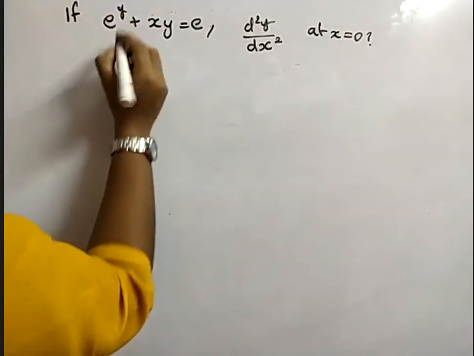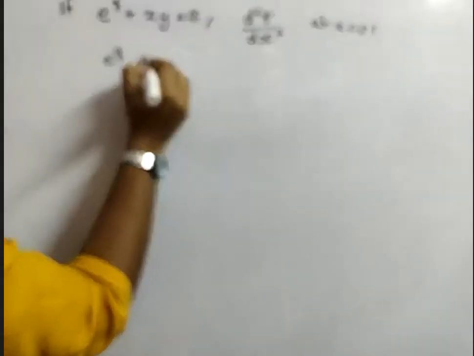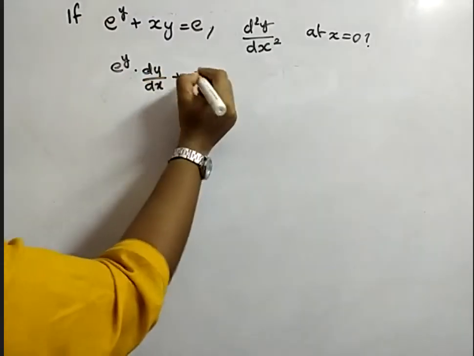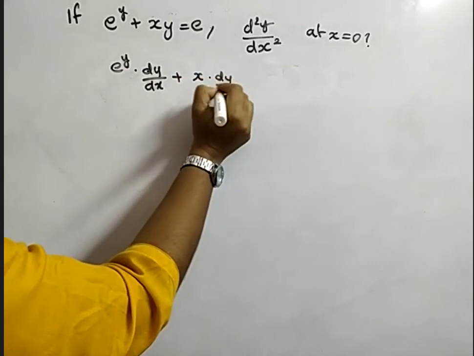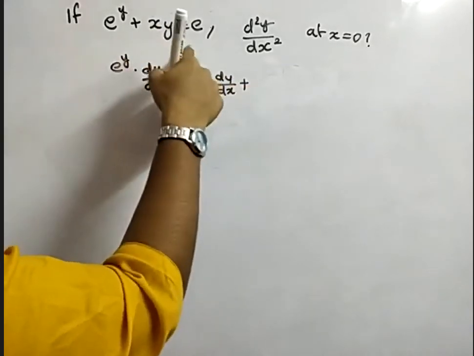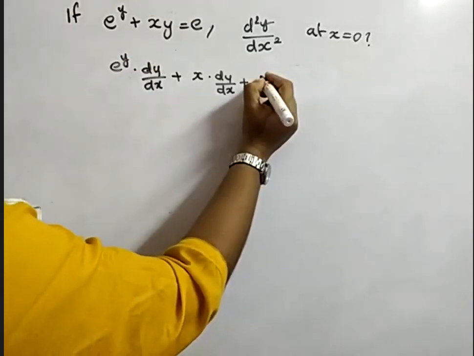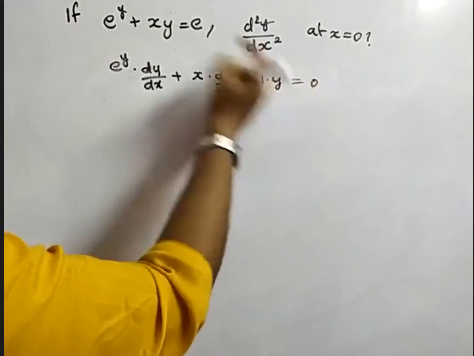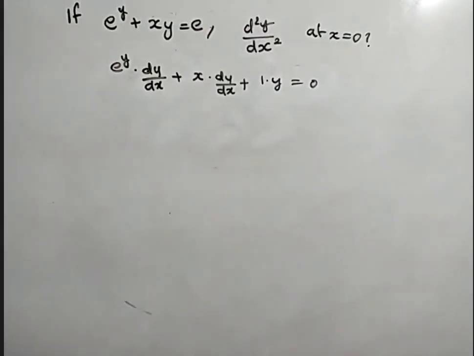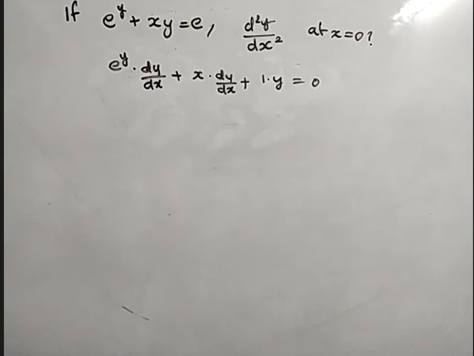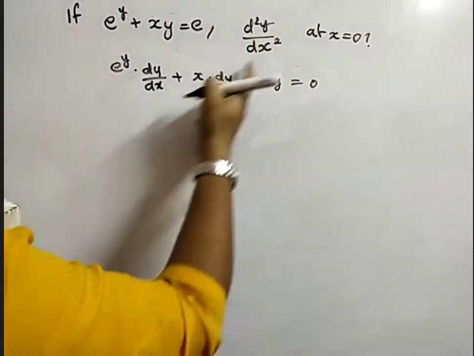Take the derivative. E raised to y means derivative is e raised to y dy by dx, plus x into dy by dx plus, here product rule I am applying, 1 into y, is equal to 0 since the derivative of e is 0. Now I need to find dy by dx.